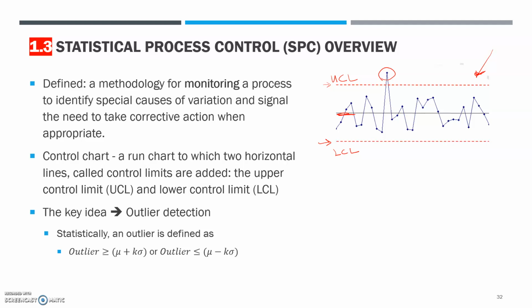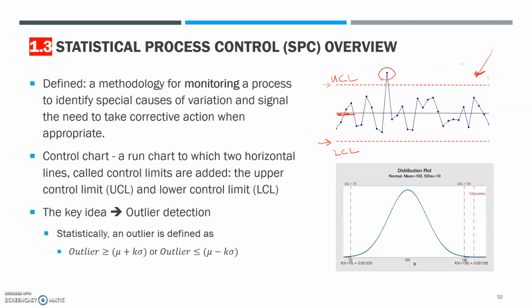The key idea behind the control chart is outlier detection. Statistically, you understand that there's very little chance that an observation will fall outside of 3 sigma, 3 standard deviations away.